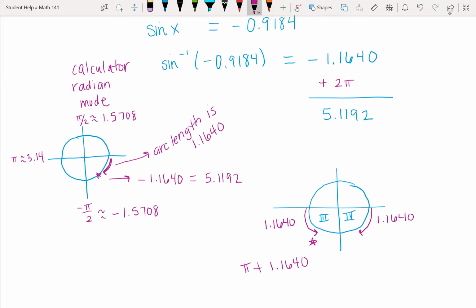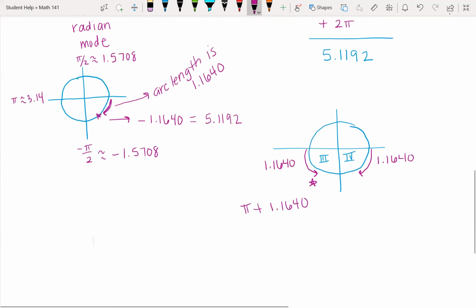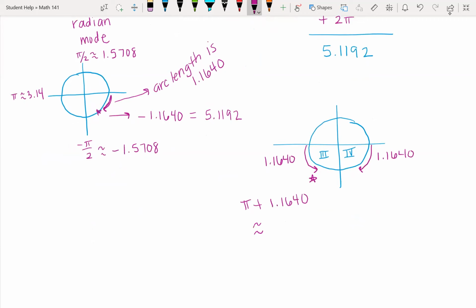So I'll do that calculation now. Pi plus 1.1640, and I'm getting approximately 4.3056.